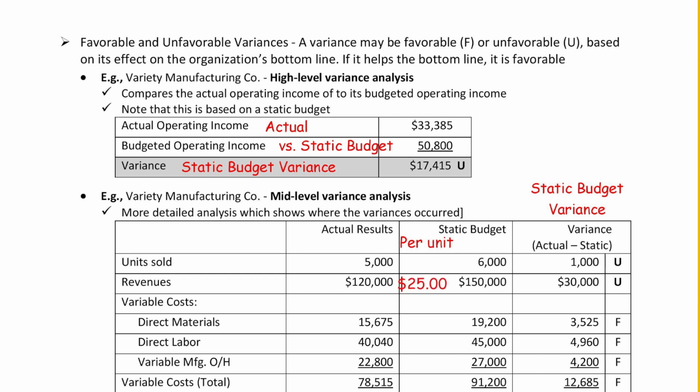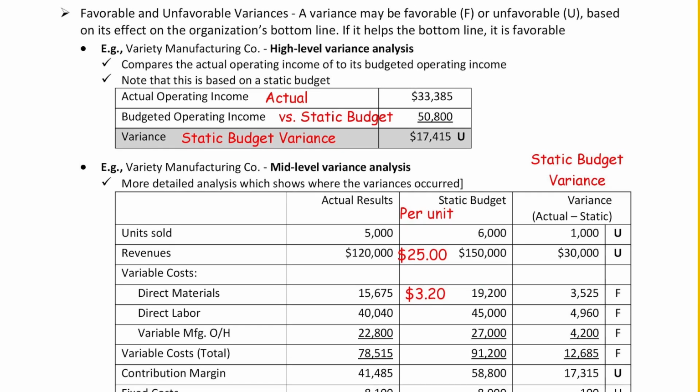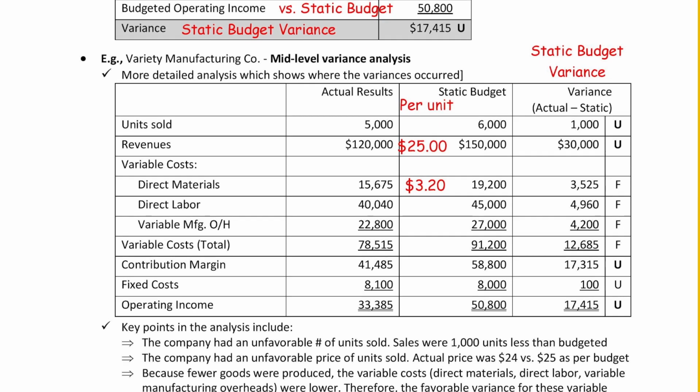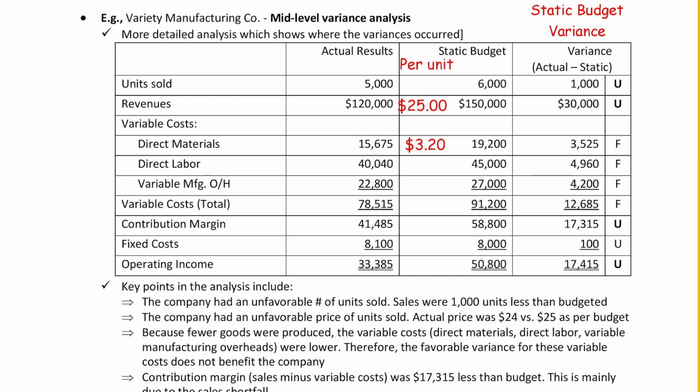Looking at variable costs, direct materials cost was budgeted to be $19,200 for 6,000 units. That means $3.20 per unit. Direct labor budgeted costs were $45,000 for 6,000 units. That is $7.50 per unit.